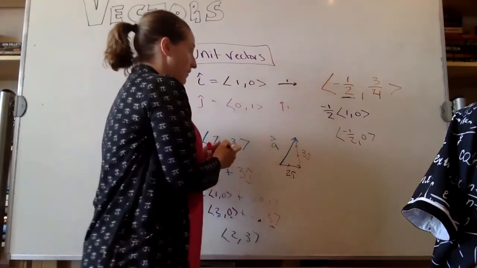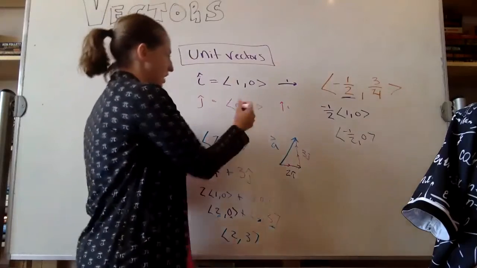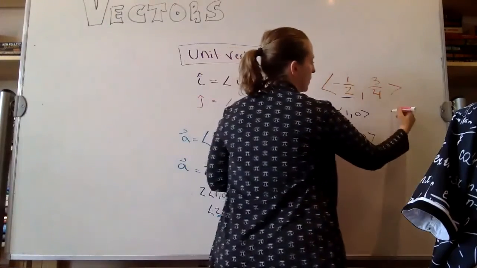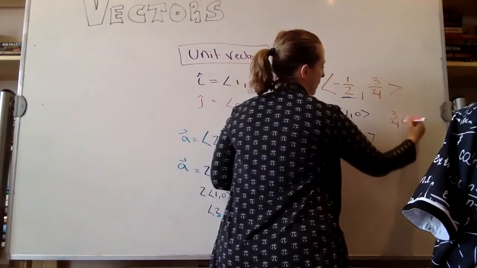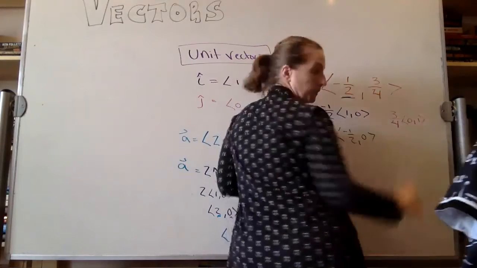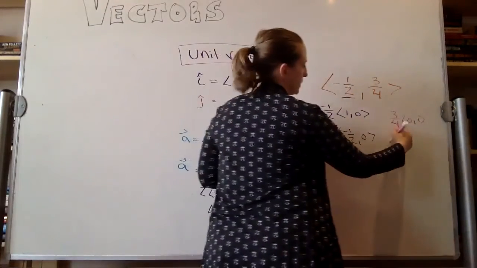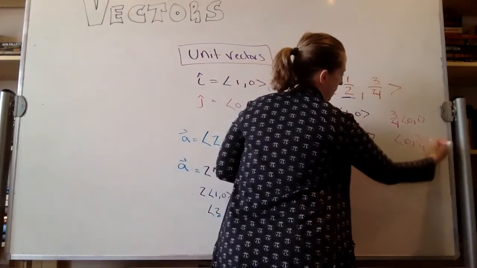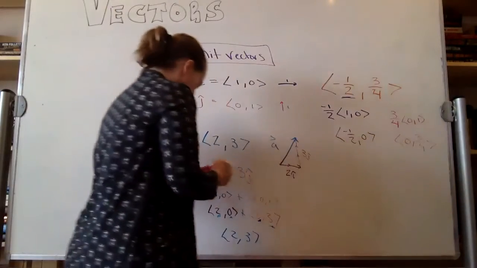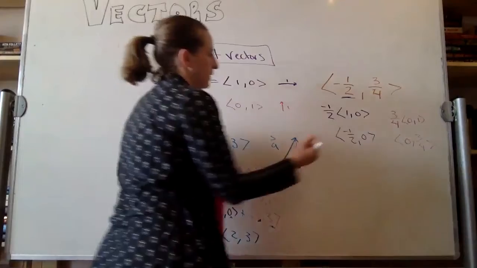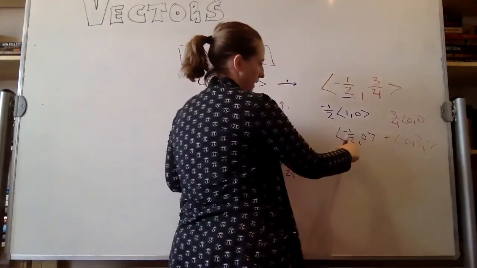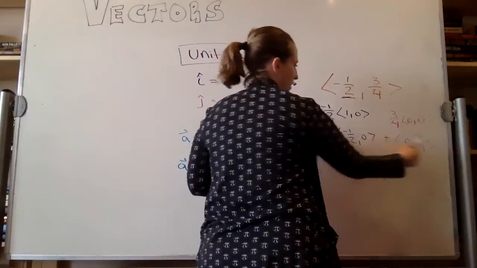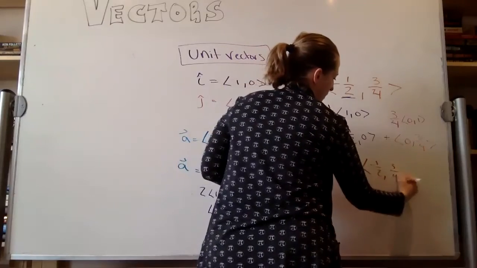And then for my vertical component, I need to change this 1 to a 3/4. I can do that by multiplying j hat by 3/4. So this becomes (0, 3/4). And notice when I add those vectors together, negative 1/2 plus 0 is negative 1/2, 0 plus 3/4 is 3/4.